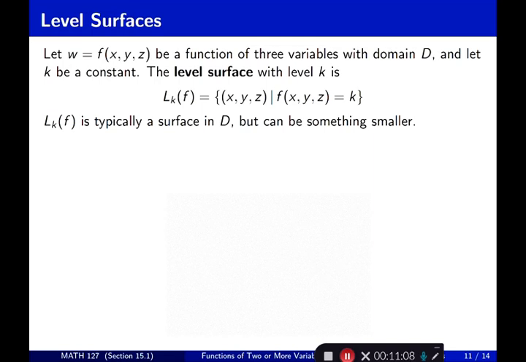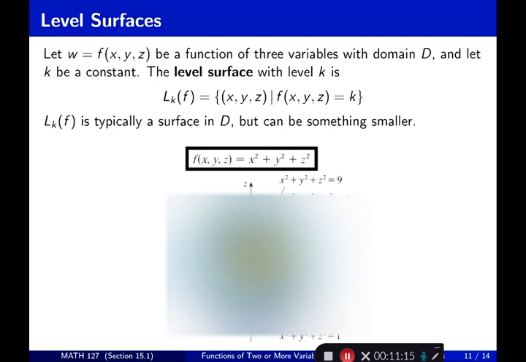So let's look at what we mean here. Let's say the function is f of x and y and z equals x squared plus y squared plus z squared.